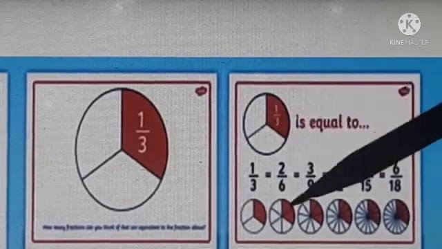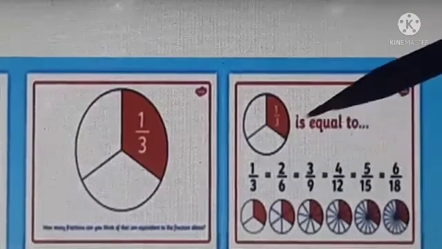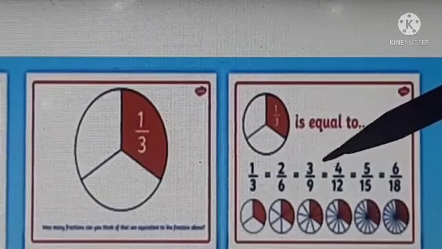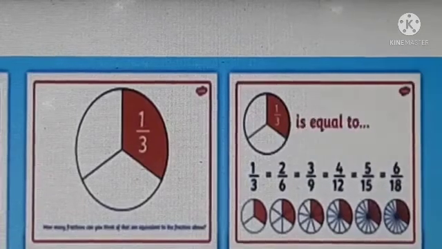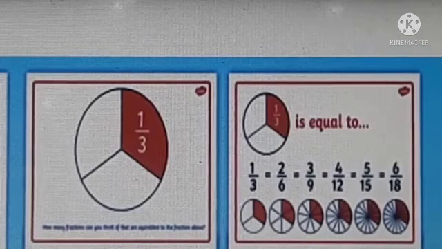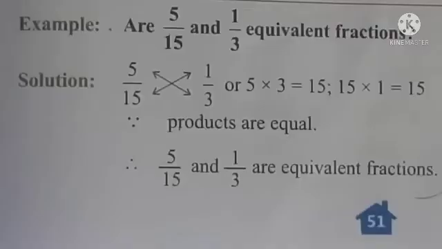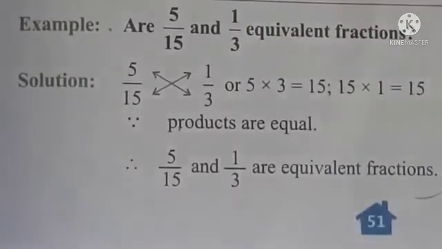1 by 3 is equal to 2 by 6, and then it is equal to 3 by 9. 1 by 3 is equal to 4 by 12, it is equal to 5 by 15, 1 by 3 is equal to 6 by 18. Understood? Say this example. Are 5 upon 15 and 1 by 3 equivalent fractions? Now you have to tell, are these equivalent or not?